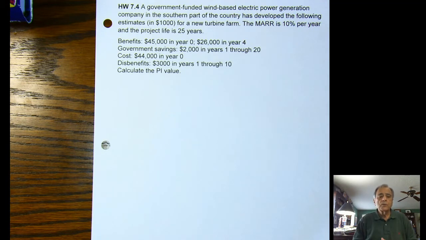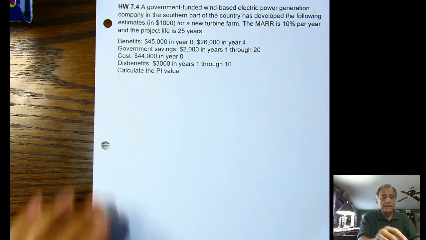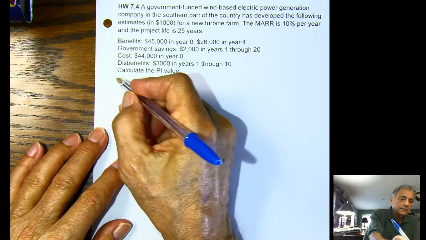So the next homework problem we're going to work is problem 7.4 when I accessed it in the homework assignment. And this particular problem asked us to find the profitability index, PI.